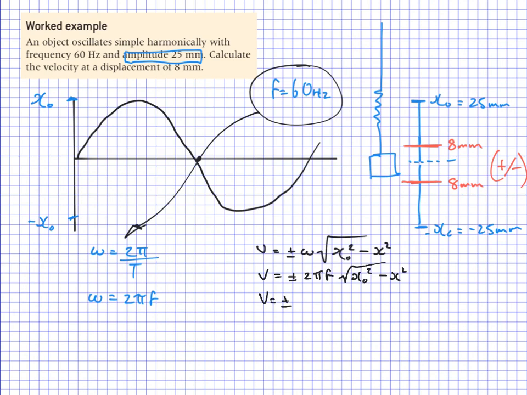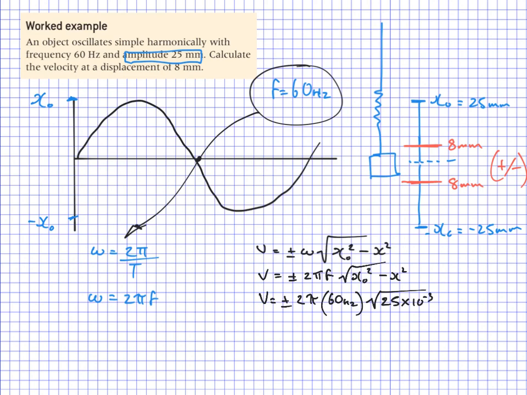So it's going to be plus minus 2 pi, and then the frequency we're told is 60 hertz, and then it's the square root of the maximum displacement, which is 25 millimeters. So 25, let's convert that into meters.